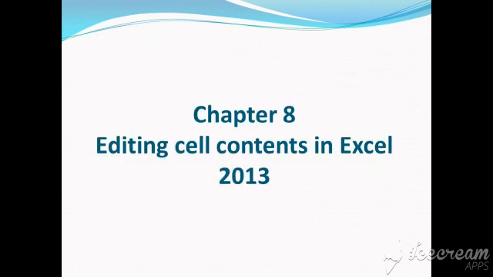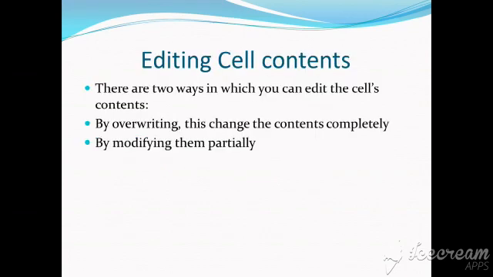Okay, now I'm going to start chapter number 8, which is about editing cell contents in Excel. Before that, we were learning about how we can select data, or how we can write data on a worksheet. Here we are going to learn how we can edit that cell data. First of all, they talk about editing mode, and we have two different ways to change data: by overwriting or by modifying.